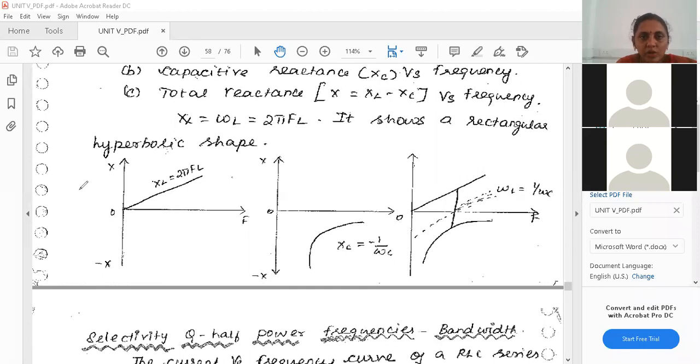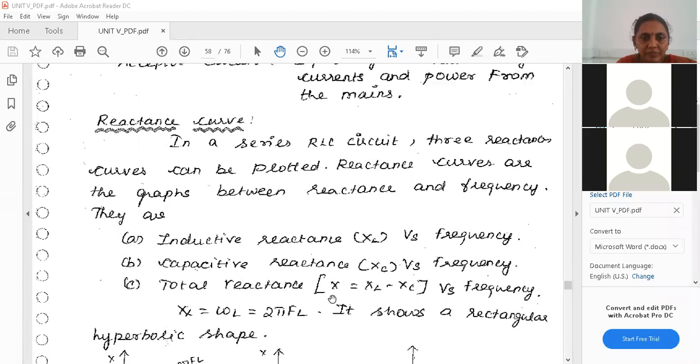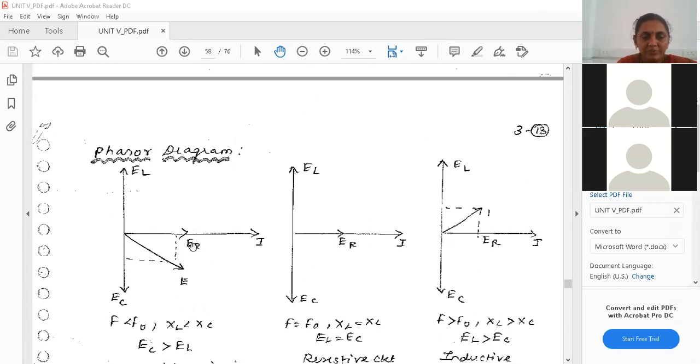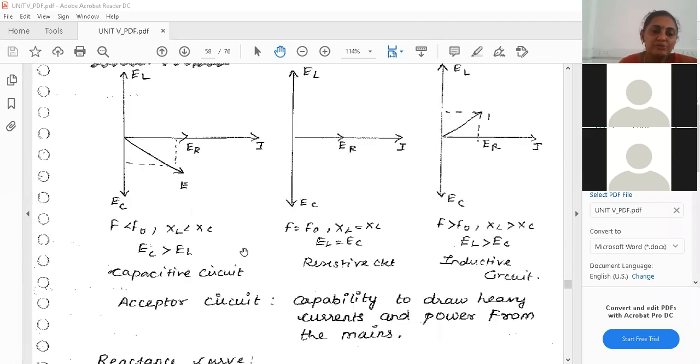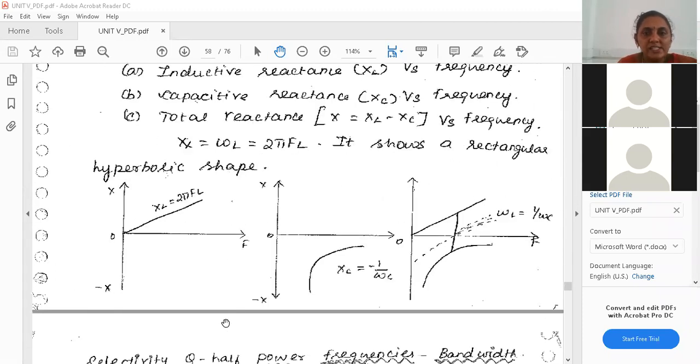Similar to what we have drawn here, we are drawing with respect to frequency. So if XL is plotted against frequency, this is for XL. This is frequency. You get a curve like this.